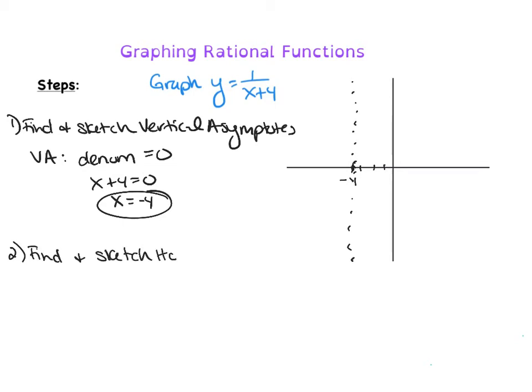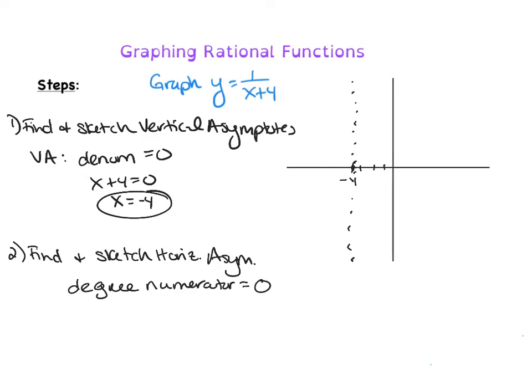Okay, second thing, we're going to find and sketch our horizontal asymptotes. Now remember, when you're finding horizontal asymptotes, you're looking at the degree of the numerator and the denominator. The degree of the numerator is actually kind of difficult to see in this one. There aren't any x's in the numerator at all. And if you remember, if there aren't any x's, the degree would be 0.